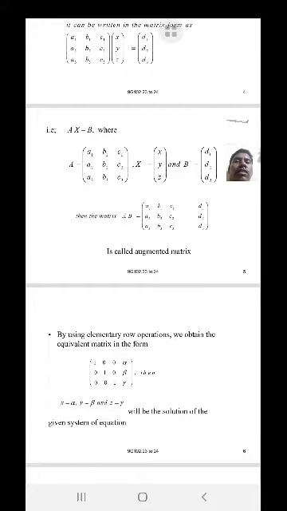Next, second row a2 b2 c2 d2, and a3 b3 c3 d3. This is called the augmented matrix. Augmented matrix means here A and B are taken together, so that's why we call it augmented matrix.